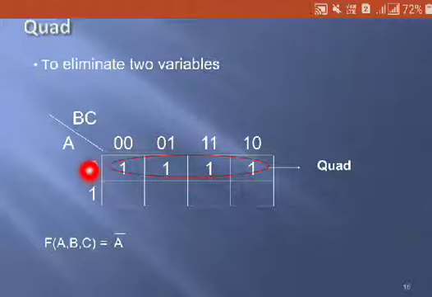Only A bar is the leftover, and B and C are eliminated. B bar and B are eliminated, C bar and C are eliminated. So these two variables, B and C, are eliminated. The only leftover variable is A bar, since 0 stands for a complemented variable. So the expression for the above quad is F of A, B, C is equal to A bar. This is another way of grouping 4 cells as a quad.